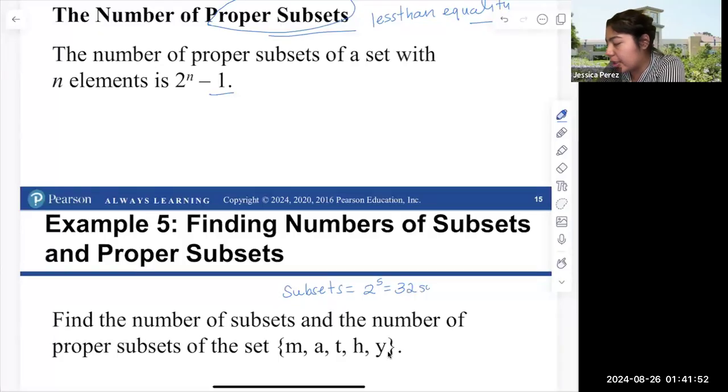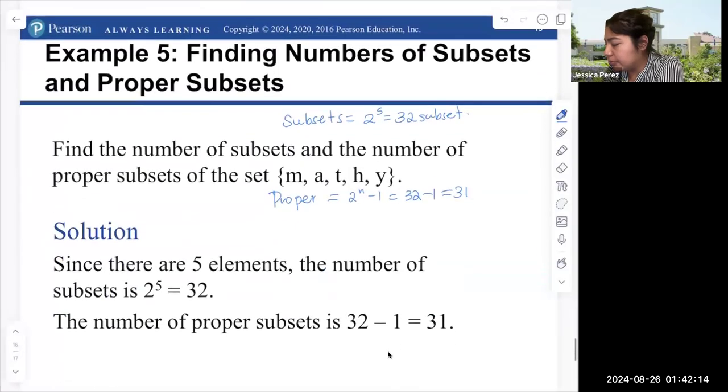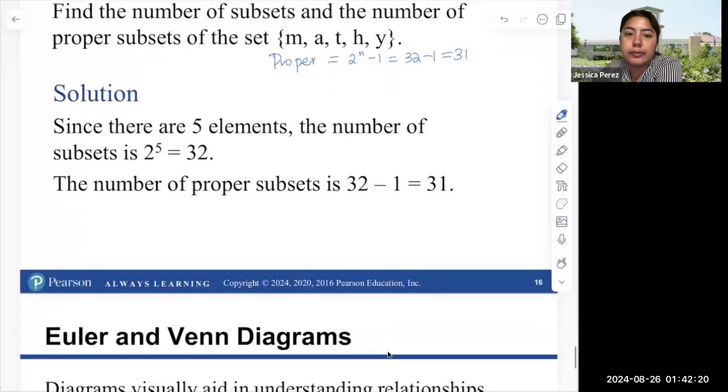I'm not going to list them all, but again, we start with the empty set and then M and then A and then T and then H and then Y, and then we do combinations of those. And the proper subsets would be 2 to the n minus 1, which is 32 minus 1, which is 31. So there it is, 2 to the 5th is 32, and 32 minus 1 is 31.